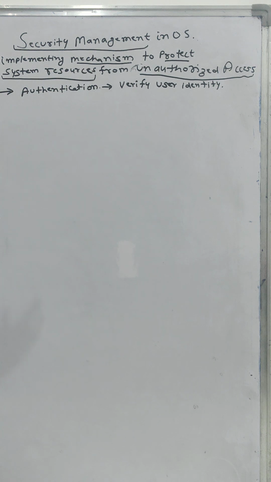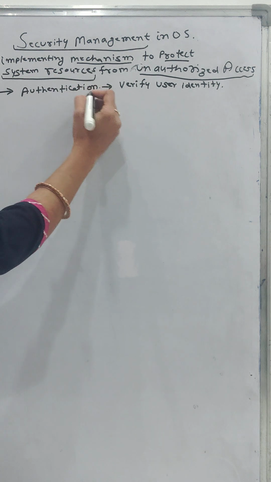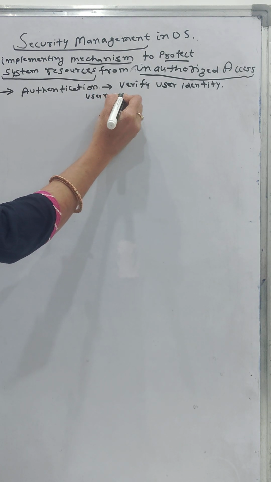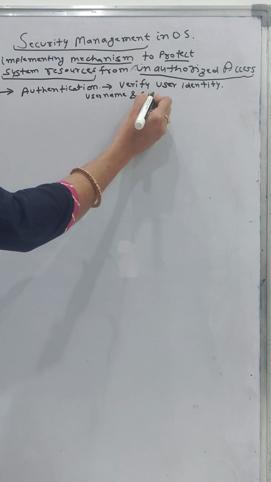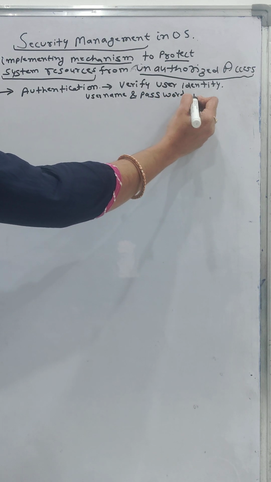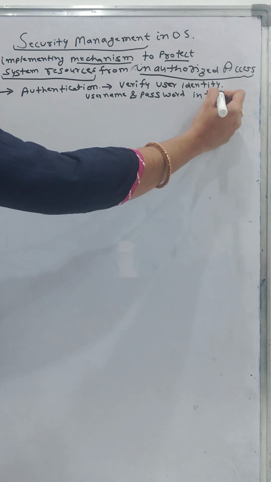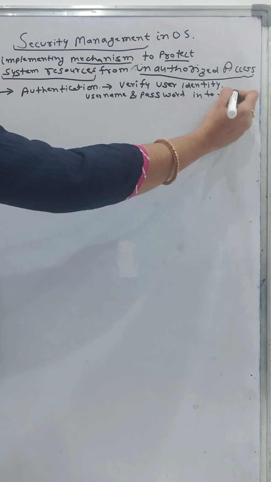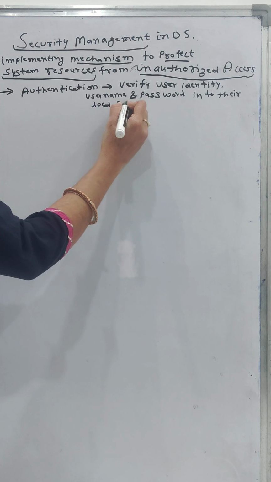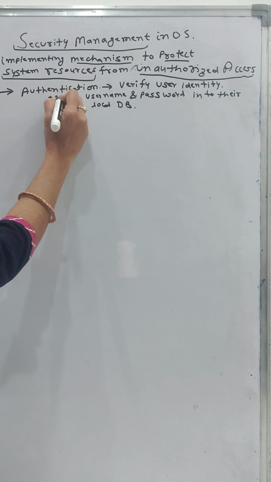The first account will be created during the first formatting of the system. The operating system will store the username and password into its local database.